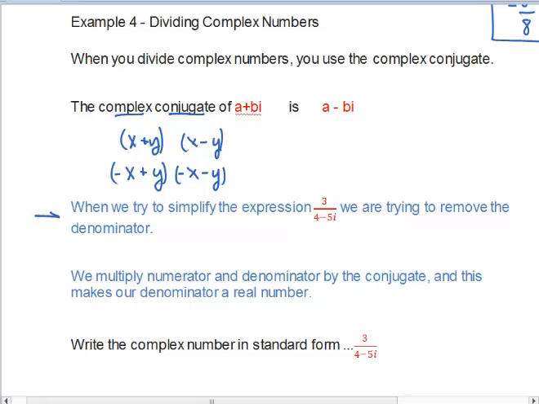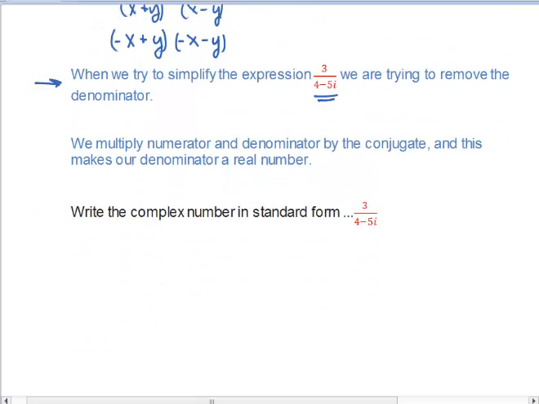So when we simplify the expression 3 over 4 minus 5i, we really don't want to have a complex denominator. So we're trying to remove that. In order to do that, we use this operation called conjugate multiplication. It looks like we're dividing by a complex number, but what we're really doing is a little trick.